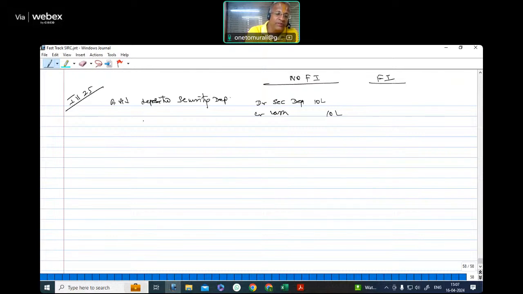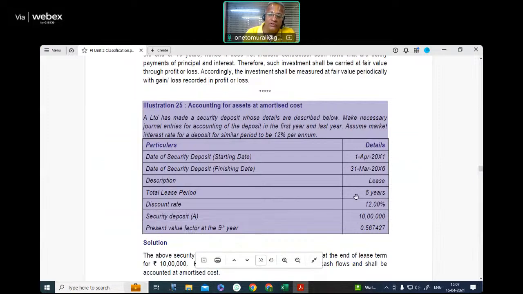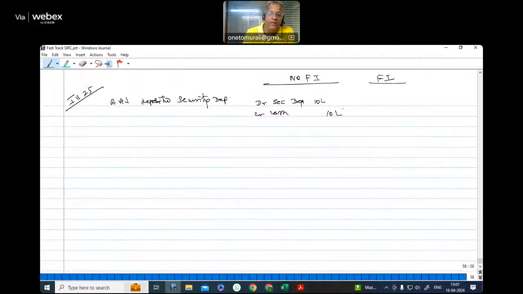The deposit is carrying no rate of interest, as you understand, while the market interest rate is 12%. There is no other information provided that this is going to fetch them any rate of interest. So therefore, that will not come into operation at all.